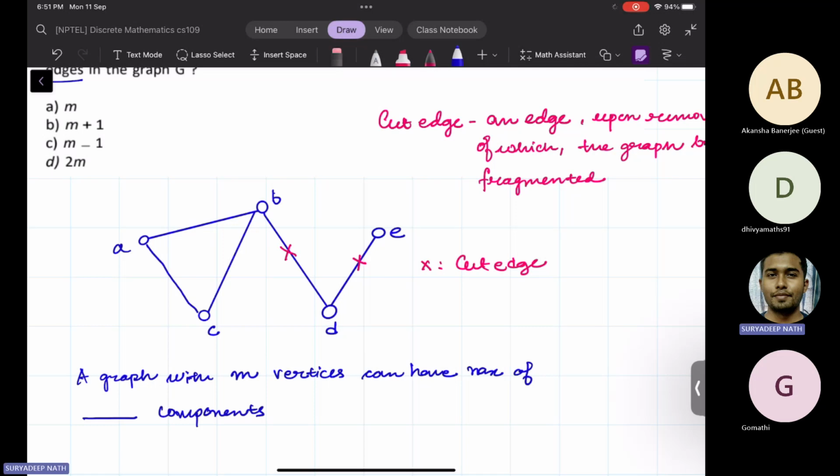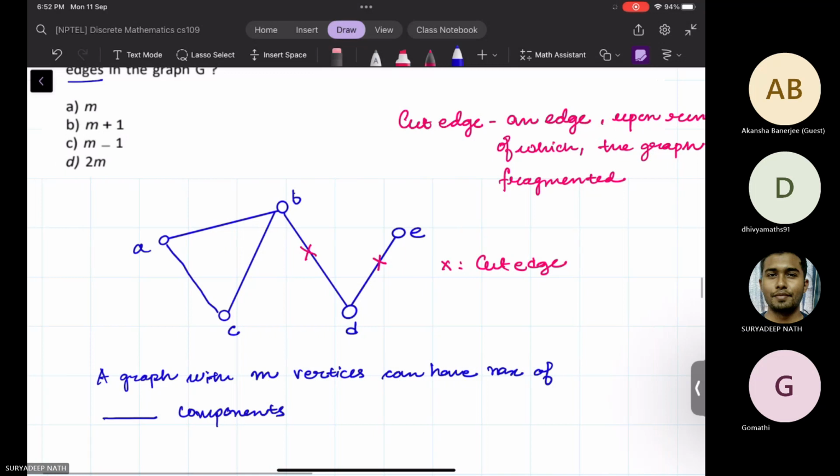Any guesses? It will have m components. So basically m components, which are the vertices themselves.